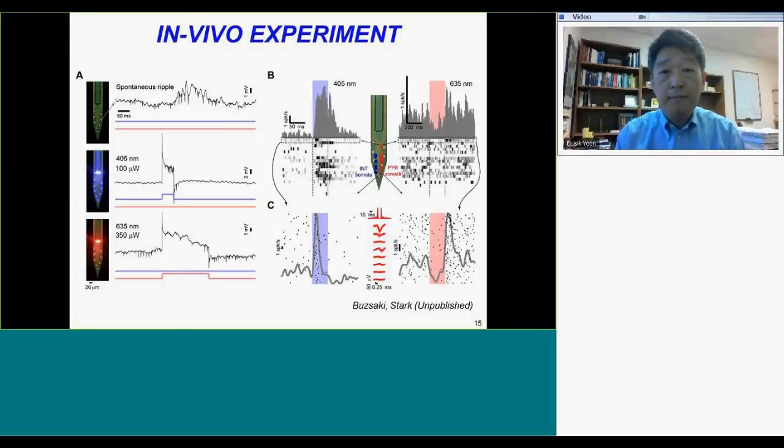This is the in-vivo recording data. The first one is no light, and we can see the spontaneous response of neural activity. This is not processed data, it's raw data. Once we illuminate with blue light for channelrhodopsin, we can stimulate interneurons.